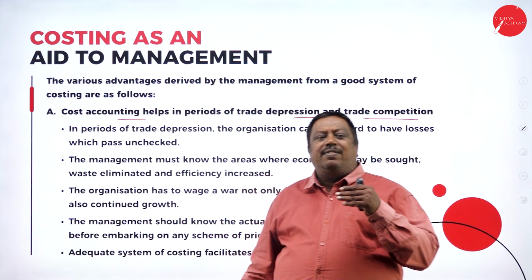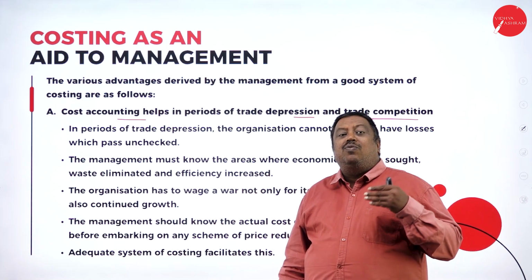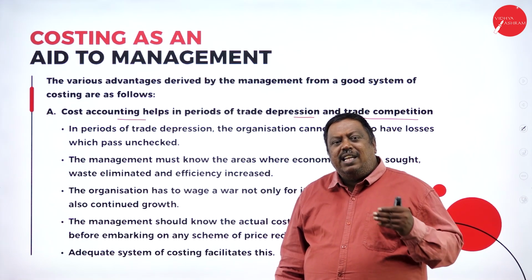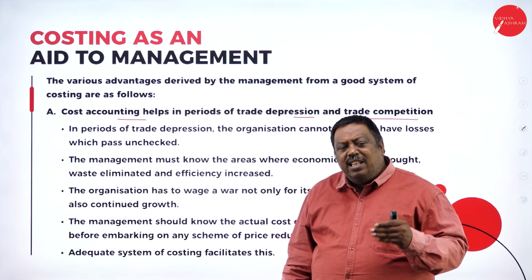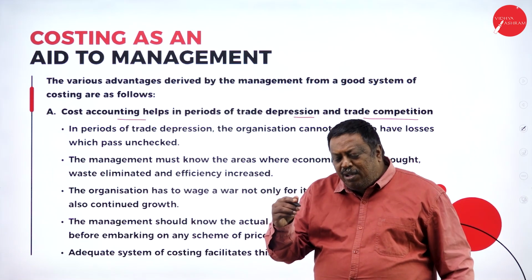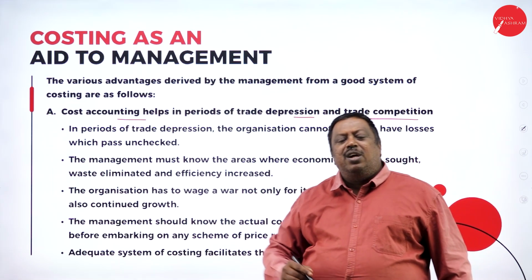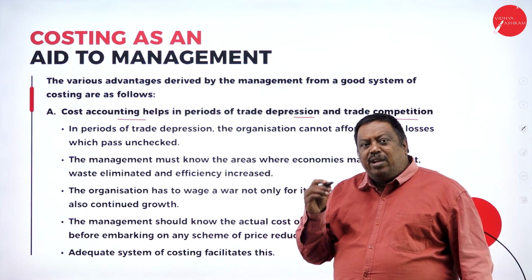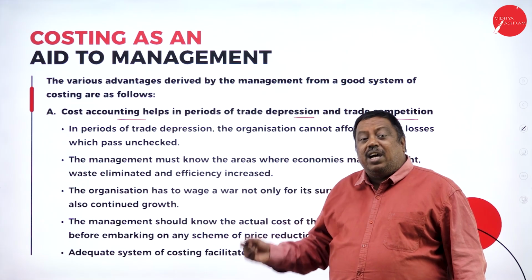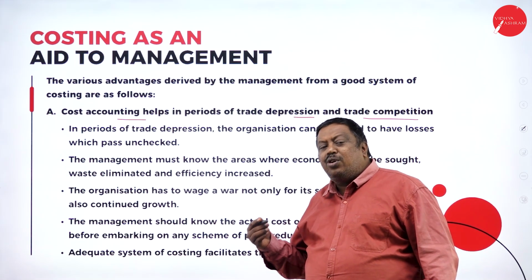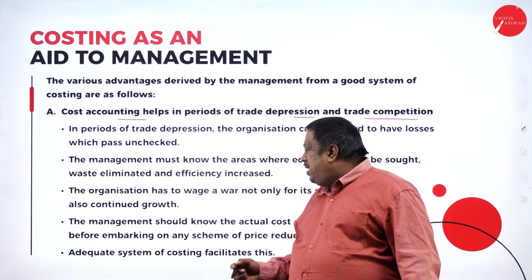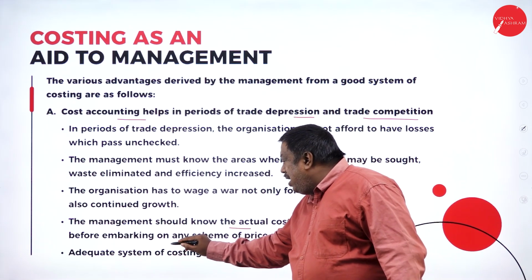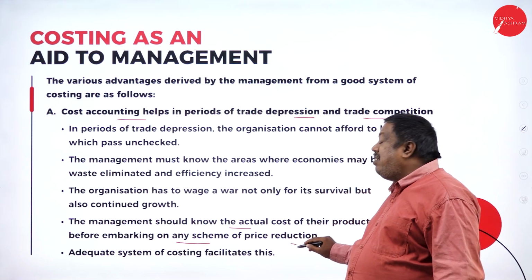The cost they have taken and the margin they have fixed for this product can be controlled, and they can even gain benefit if they use the cost information properly. Otherwise it is going to be a problem for them if they consider all the periodic costs, and the costs which should not be taken by the business people. The management should know the actual cost of their products before embarking on any scheme of price reduction.